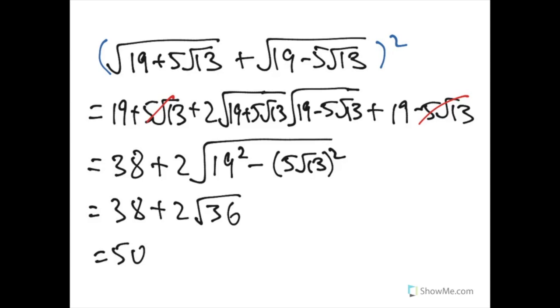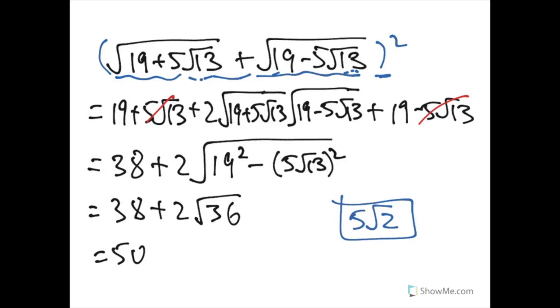So the square of our expression is equal to 50, which means that our original expression is equal to root 50. And we can factor out 5 squared from under the square root, and so our simplified answer would be 5 root 2. So this expression here is equal to 5 root 2.